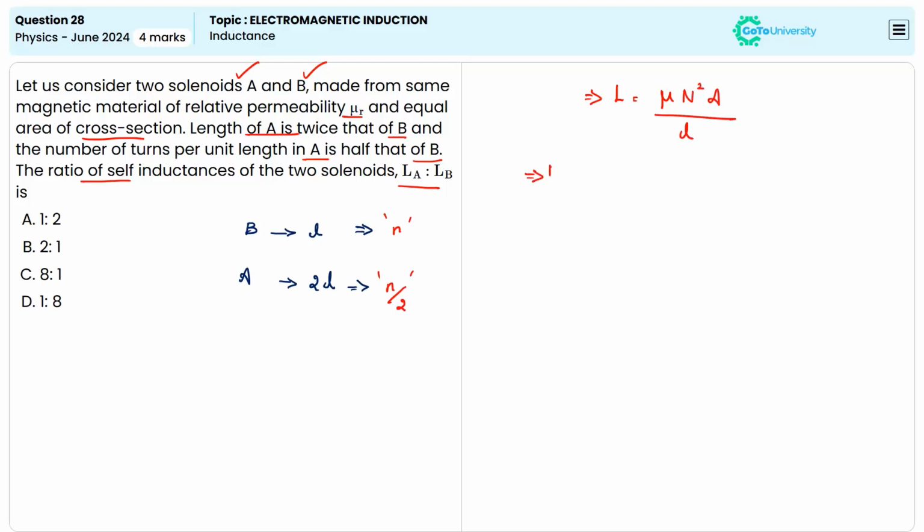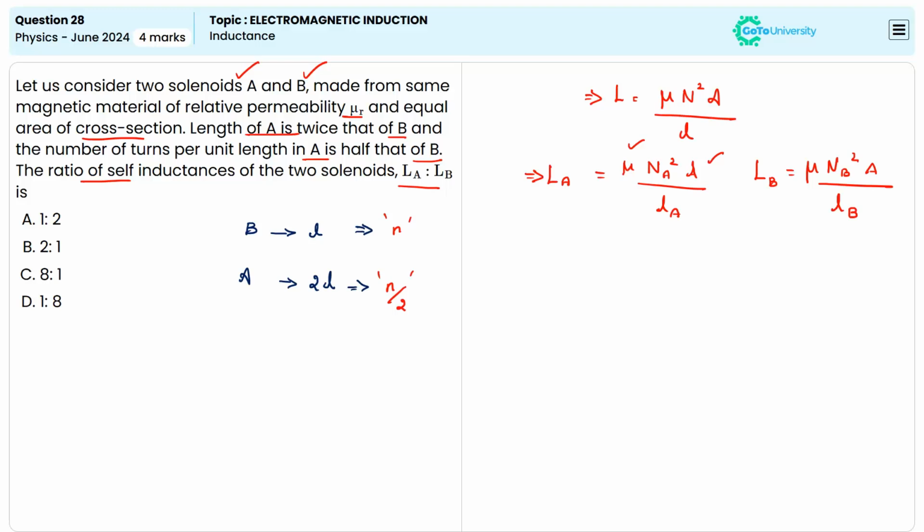So here we can write the equation for both. L_A will be equal to mu n_A squared A divided by L_A, because mu and A remain the same for both. So L_B can be written as mu n_B squared times A divided by L_B.